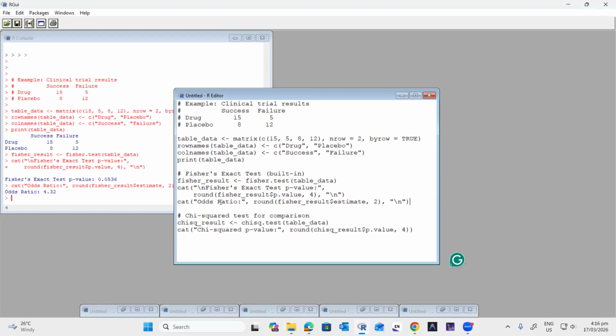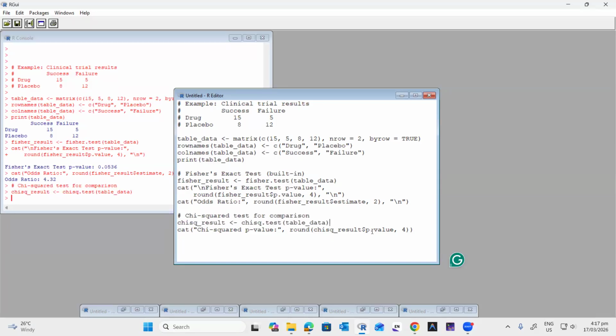And after that we are going to perform the chi-square test for the comparison, because as you know, we have the chi-square test also for this type of contingency table, so we check what the results will be. We check the p-value as well as the chi-square value here.